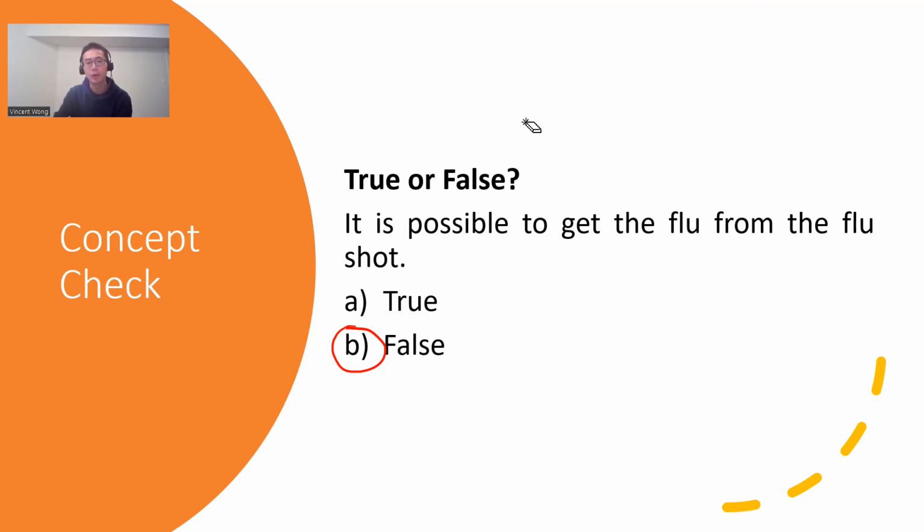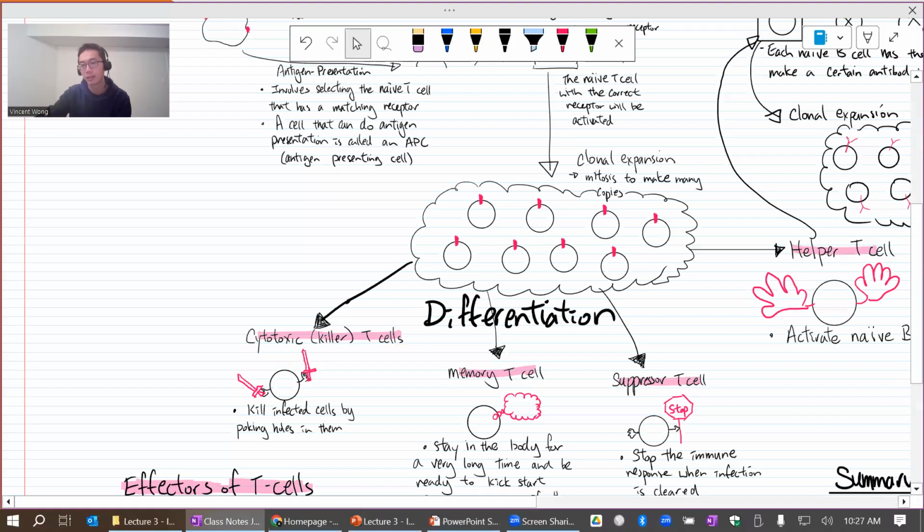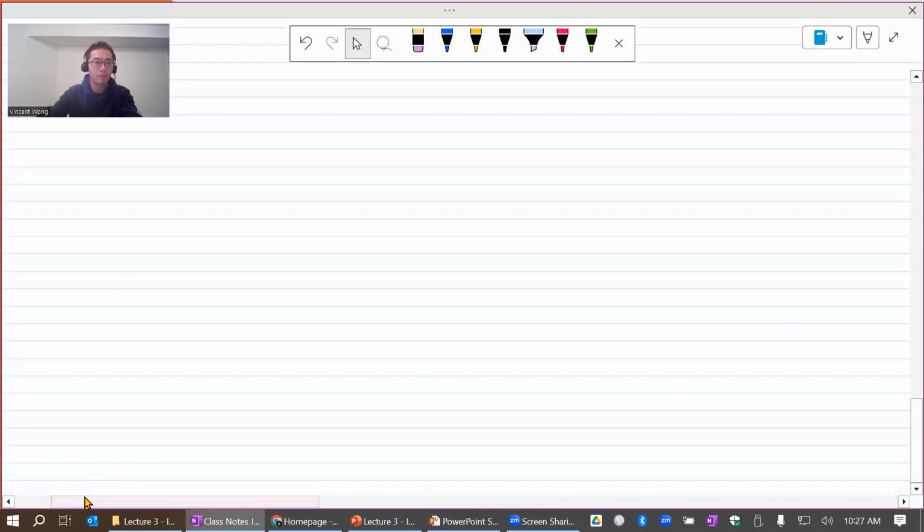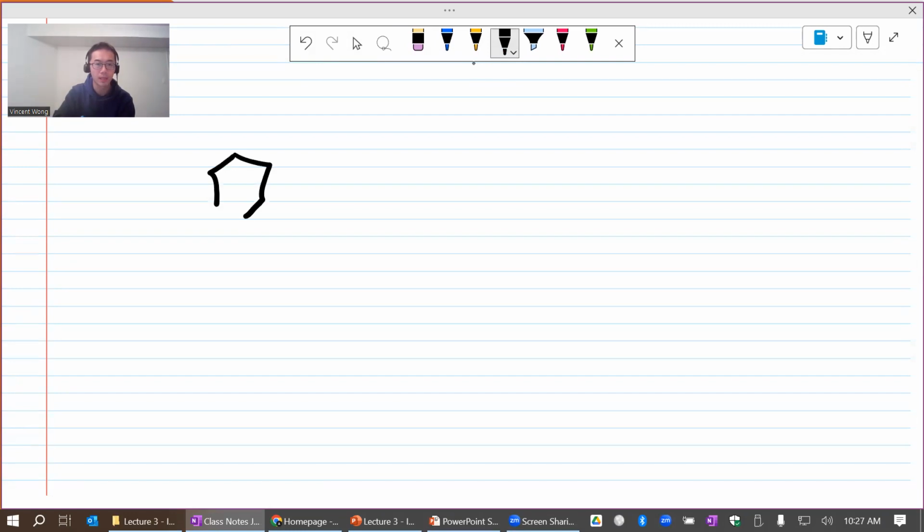So in general, how does a vaccine work? You don't have to draw this out unless you want to. To keep it very simple, here is a virus, and the virus has these proteins on it, like the blue proteins and the yellow proteins.